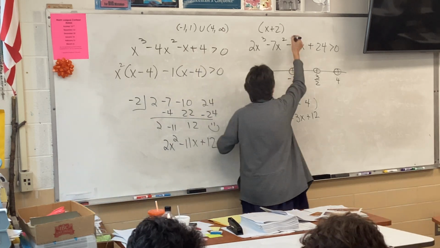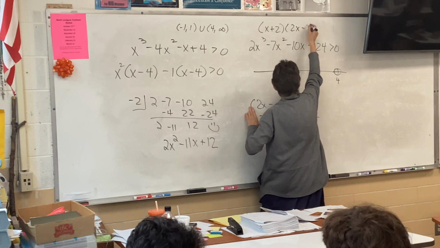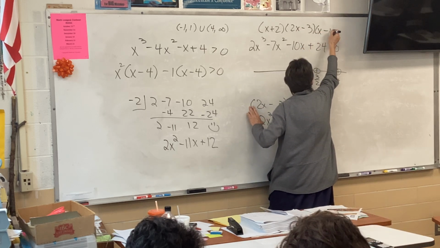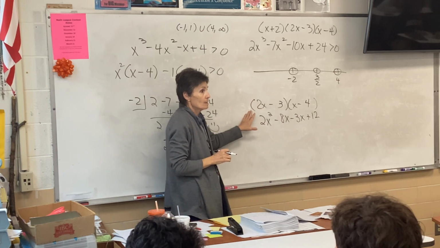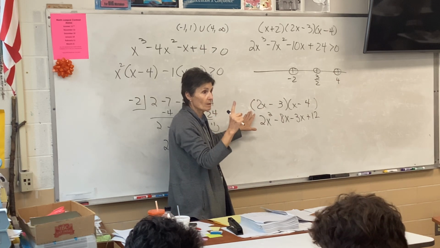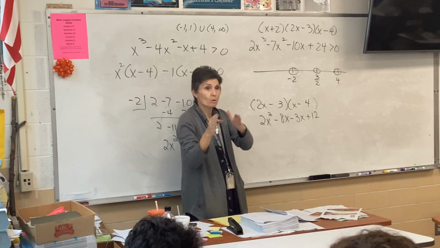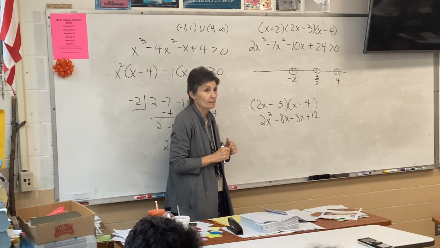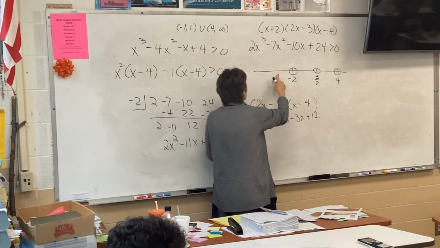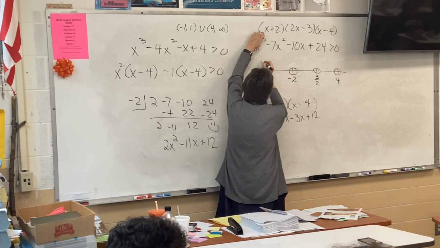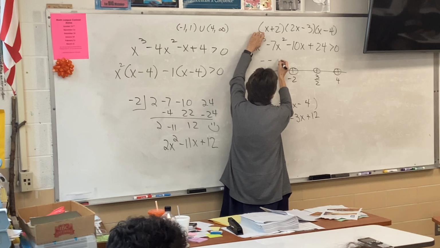Notice my factors are not squared, right? I have 3 separate factors. So I'm going to check one number and then use my shortcut to alternate. So, I don't know, -3. -3 would be negative, negative, negative.